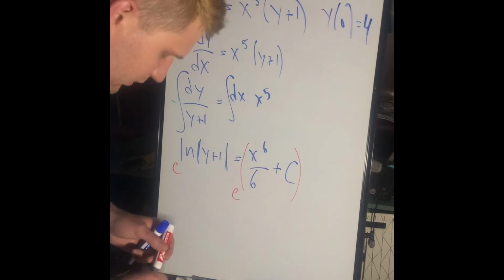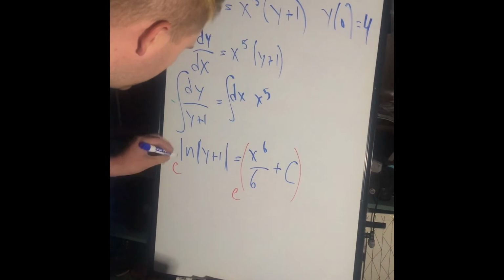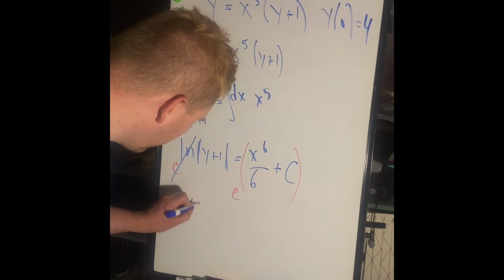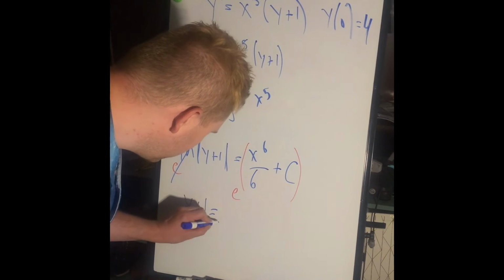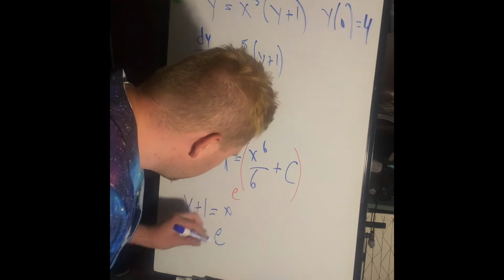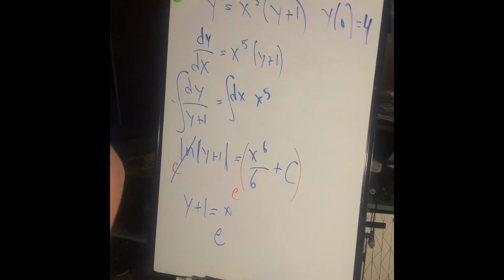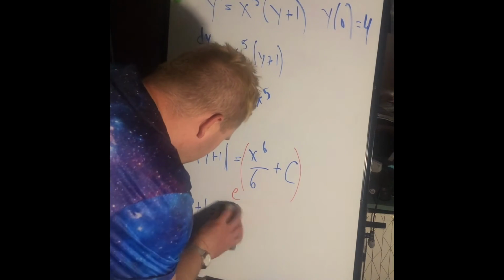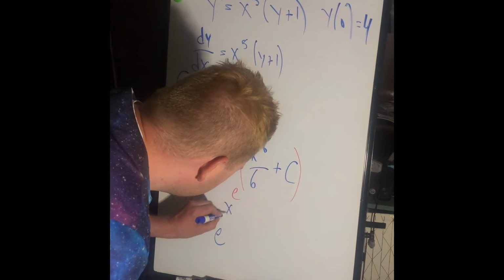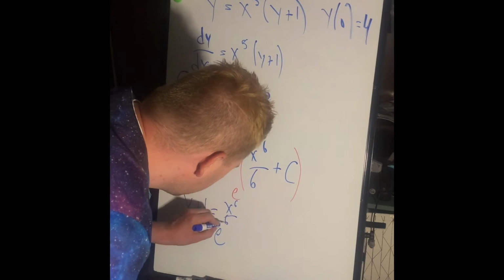That means the log cancels, and we're just left with y plus 1 is equal to e to the x to the 6th over 6.